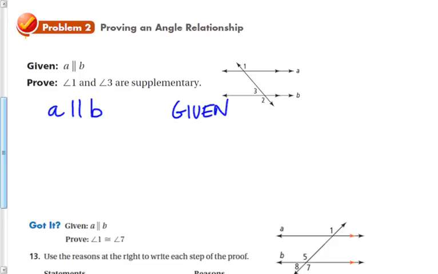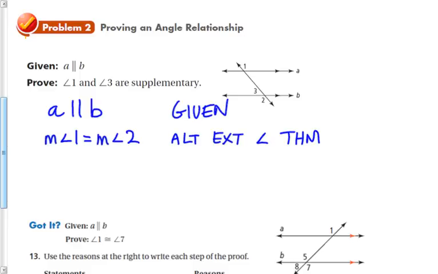Then we'll say that angle 1 is congruent to angle 2, and the reason for that is the alternate exterior angles theorem. When two parallel lines are cut by a transversal, the alternate exterior angles are congruent. So now we have those two are congruent.